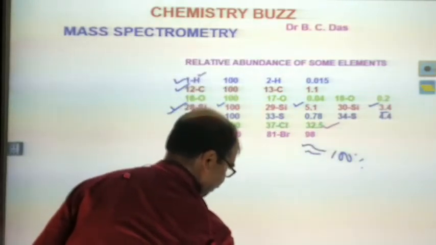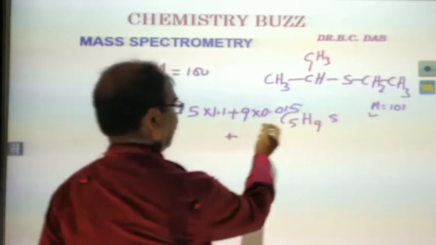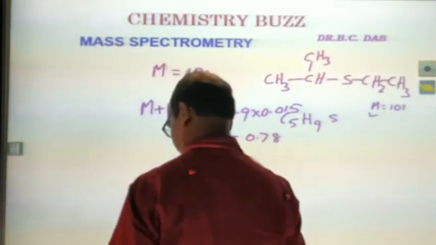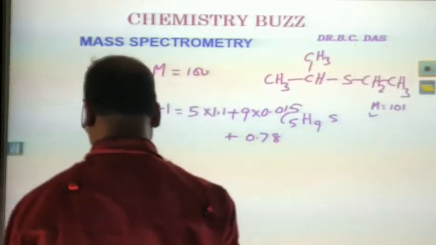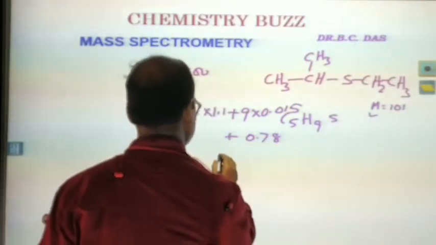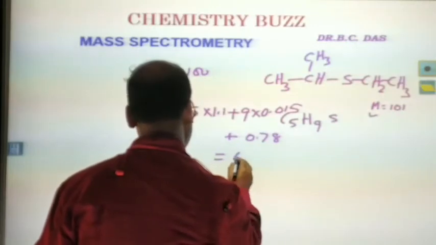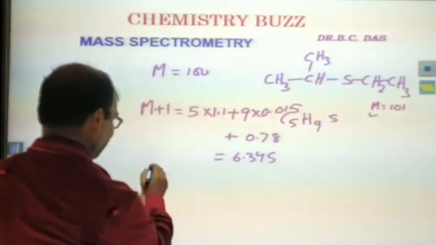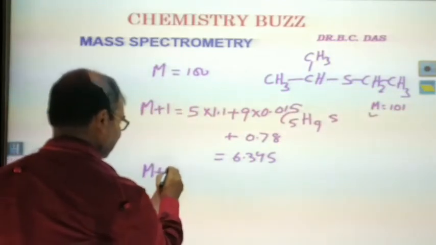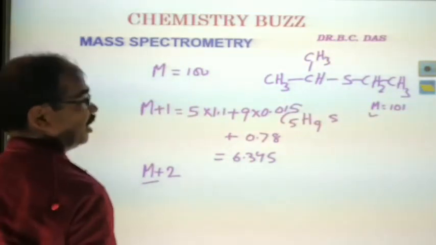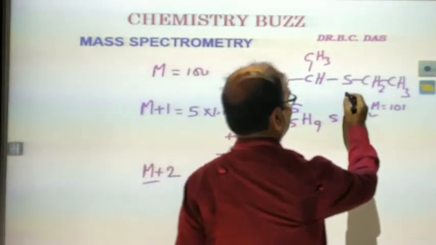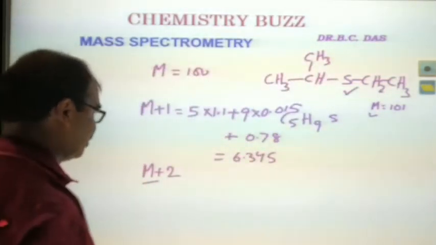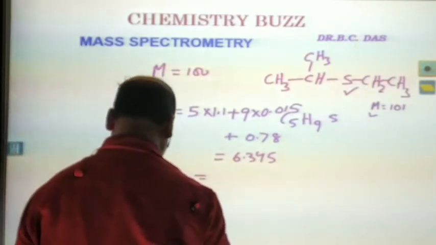Okay, so in this way we have calculated this value, which comes to be 6.345. Okay, similarly we will calculate the m plus 2 value. For the m plus 2 value only the sulfur relative percentage will be considered. So that is equal to 4.4.